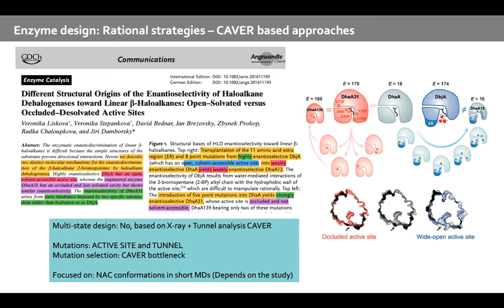The mutations are in the active site or in the tunnel, and as mutation selection, they can use Caver information, like for example residues in the bottleneck, to select which positions to mutate. And in this particular case, they evaluate the different variants by looking at these near attack conformations in short MDs. But of course, this depends a little bit on their study.